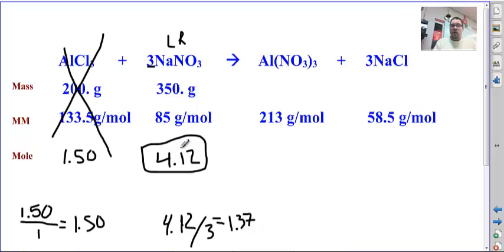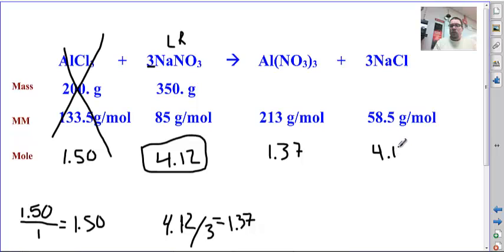I have 4.12 moles. This is a 1-to-3 ratio, so 4.12 times 1/3 is 1.37. So that's how many moles of aluminum nitrate are going to be produced. These two have the same coefficient, so 4.12 times 3/3, or times 1, is 4.12.